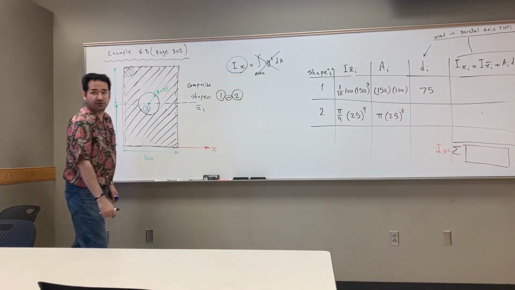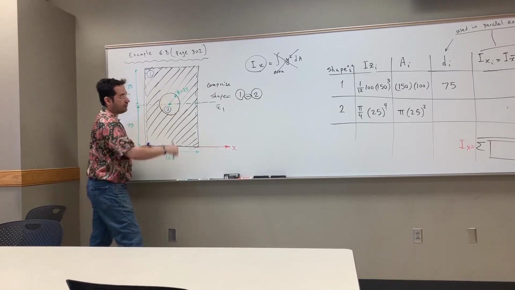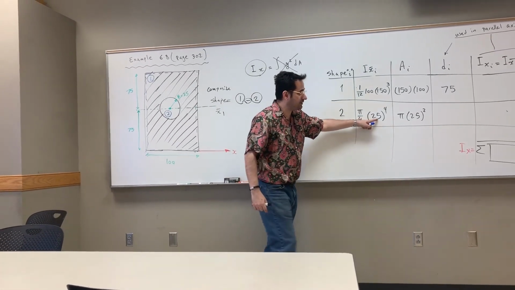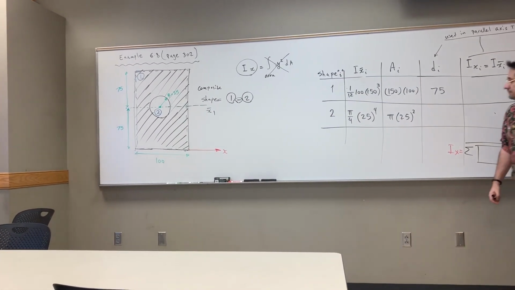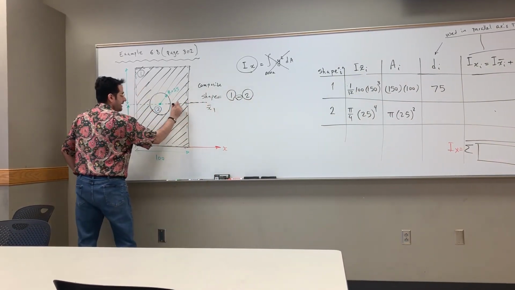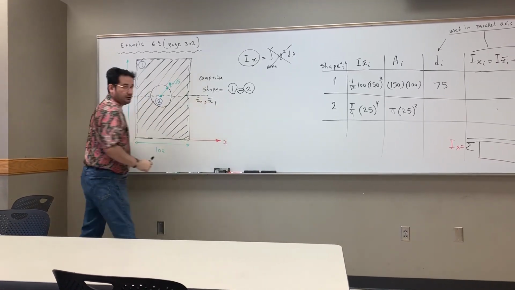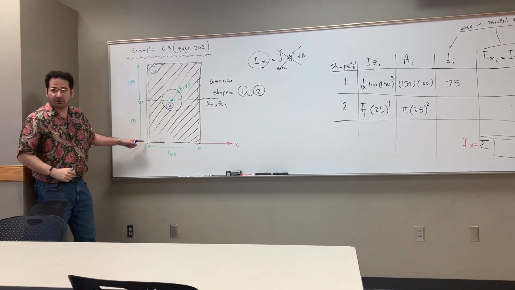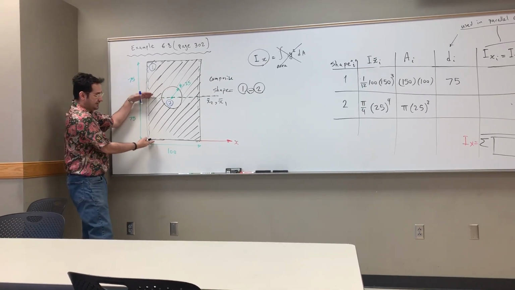For shape 2, you have a different formula, so it's pi over 4 radius to the fourth power. This is with respect to, again, the same axis, x bar 2, but not this one. So you have to transfer it here. So what is D?